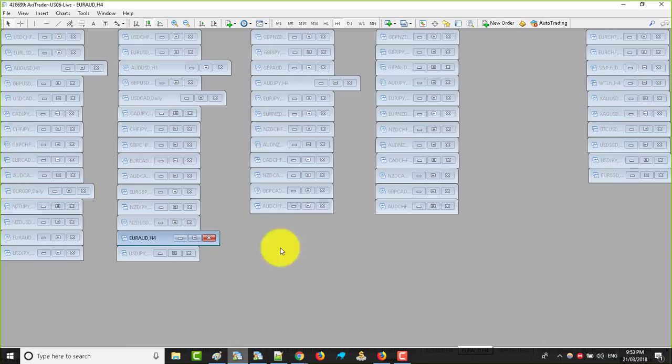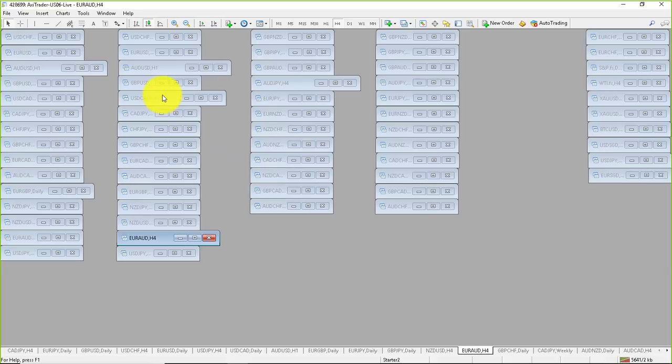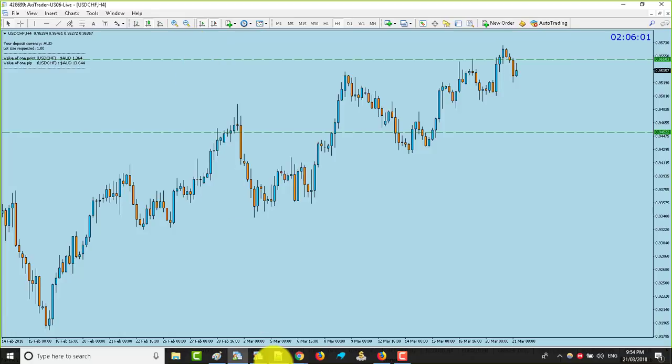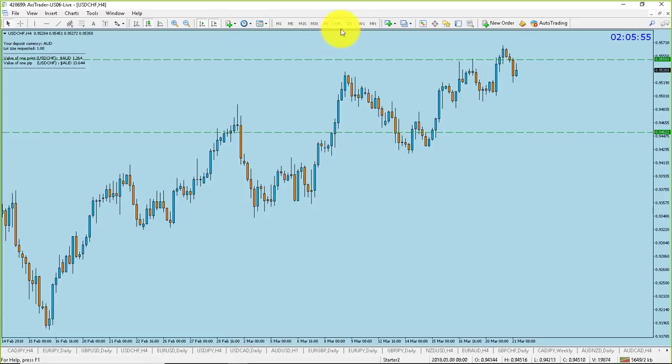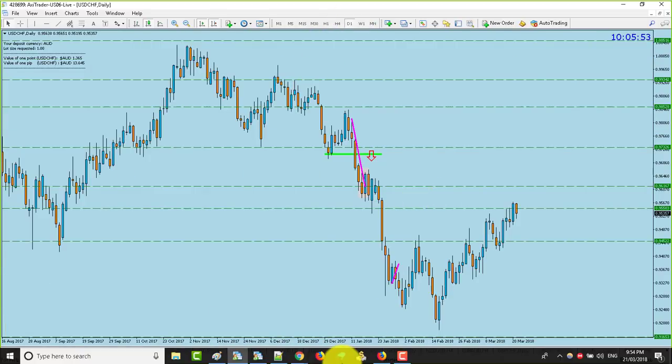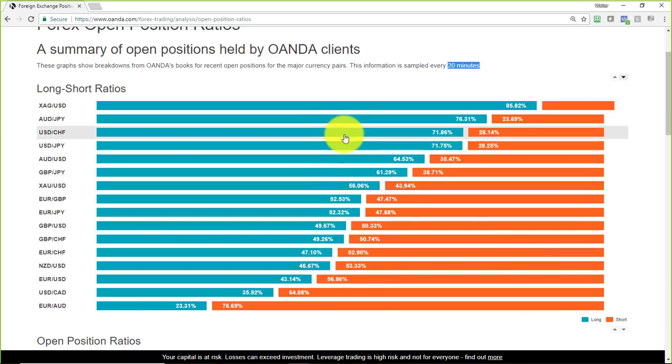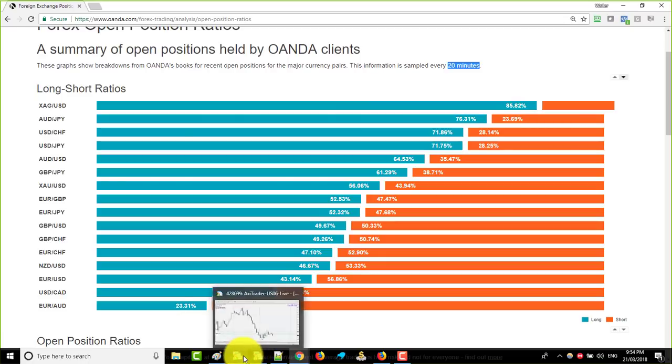But if you look at the numbers, you say, okay, yeah, let's go ahead and short the Swissy because everyone's going long the Swissy. Hold on, let me just make sure. Yeah, everyone's going long the Swissy and long the yen, and so you say, well, I'll go ahead and short it.